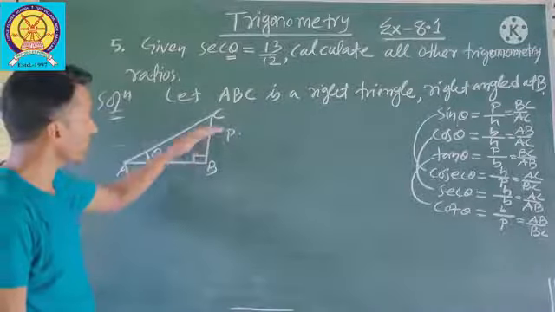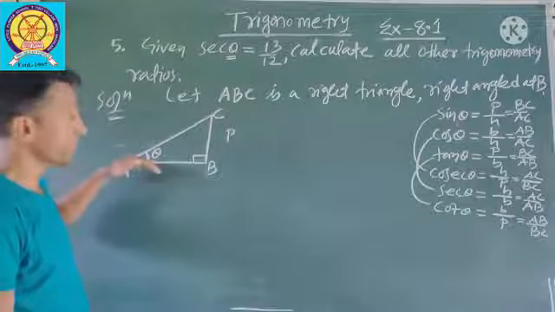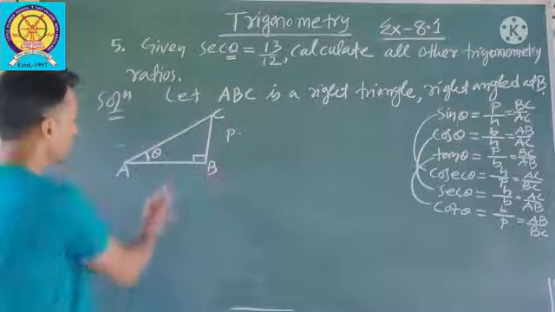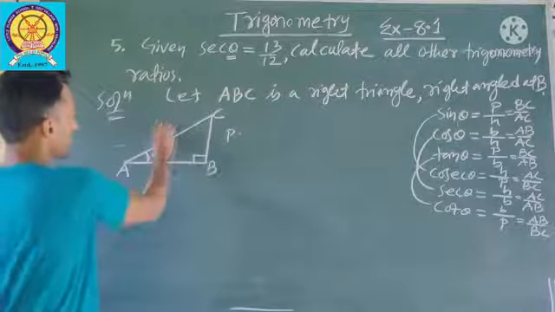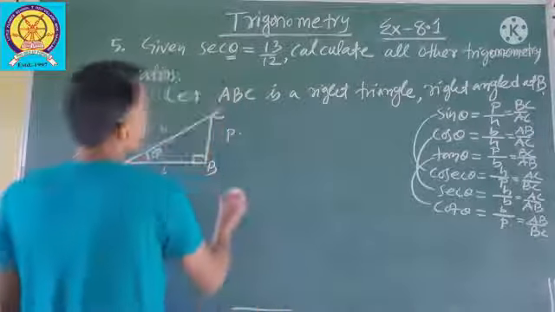BC. So it will be perpendicular. For angle theta, you see AB is one part of this angle theta, so this will be the base. This is hypotenuse.